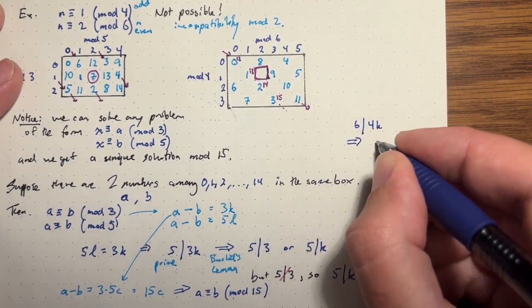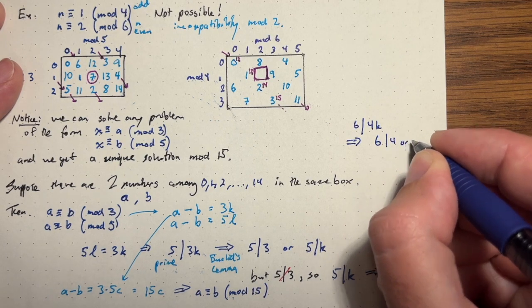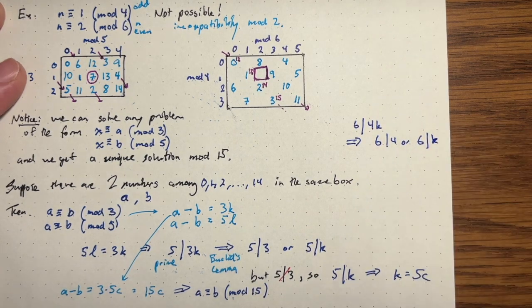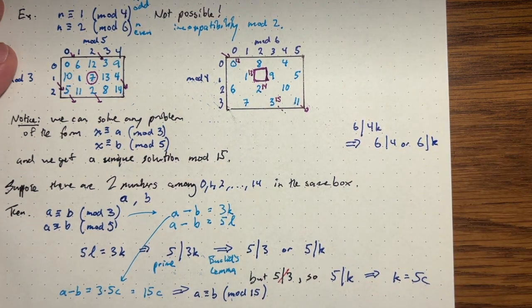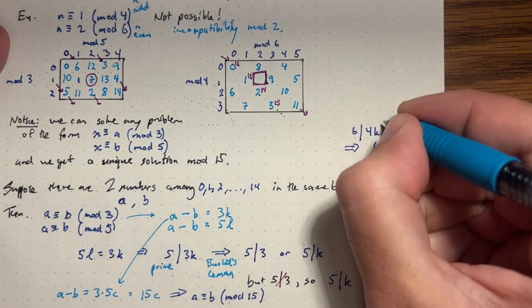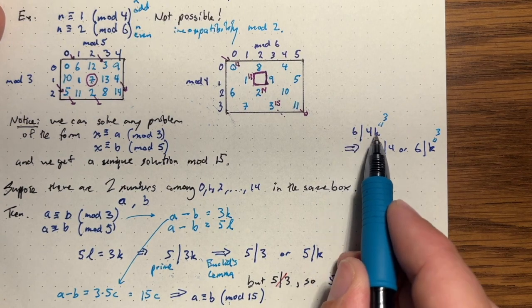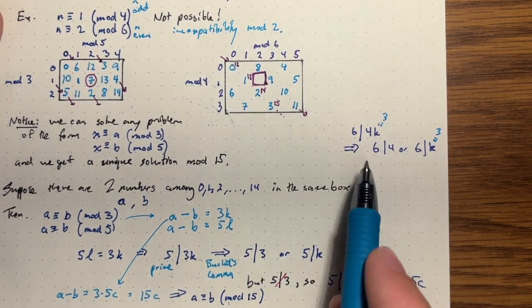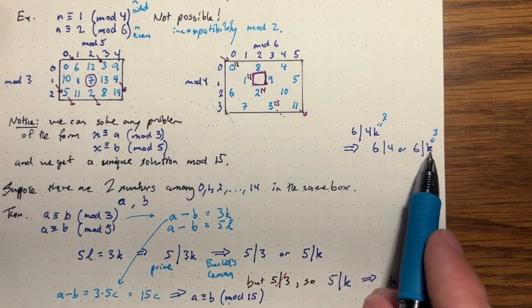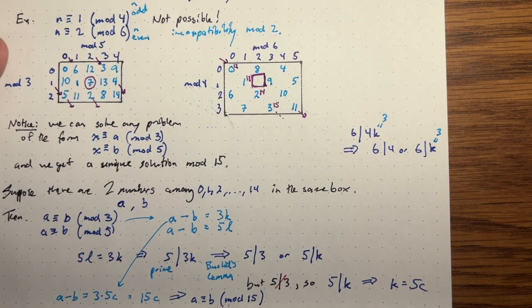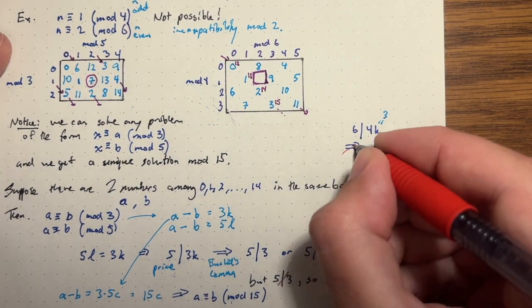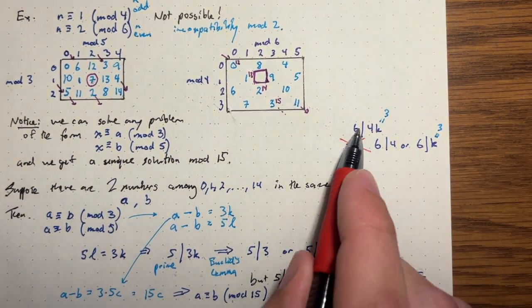Does that imply that 6 divides 4 or 6 divides k? Actually, it doesn't. Let's say k was equal to 3. 6 certainly divides 12, but 6 does not divide 4, and 6 does not divide 3. So this is not true. Not true because 6 is not a prime.